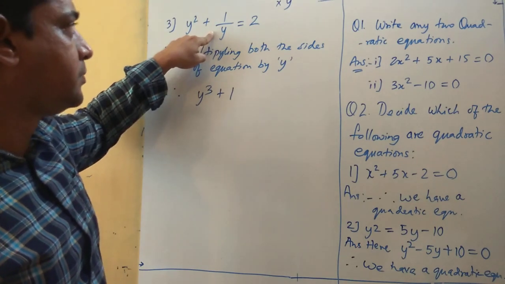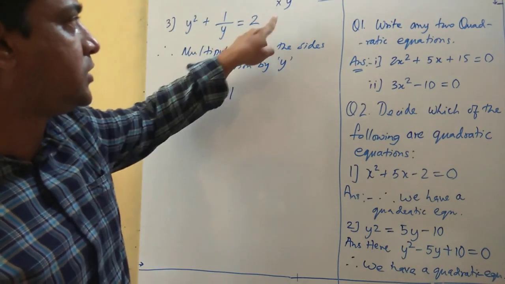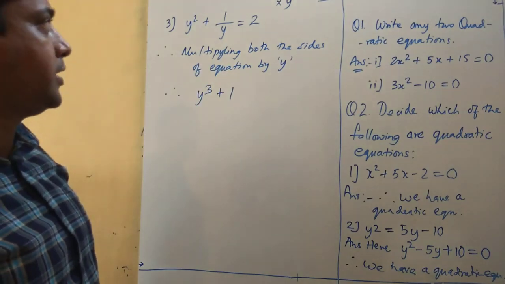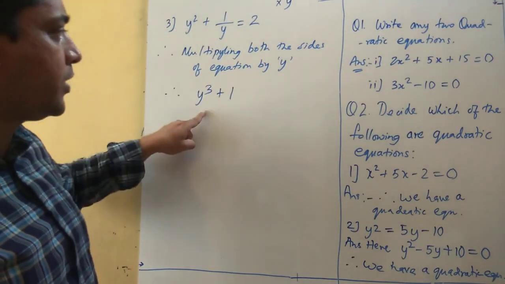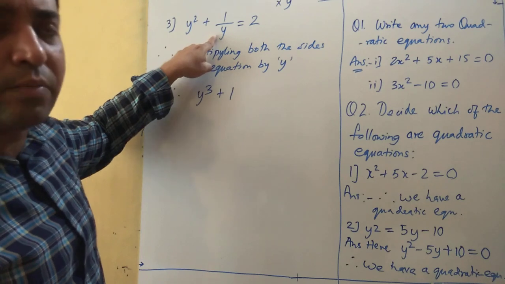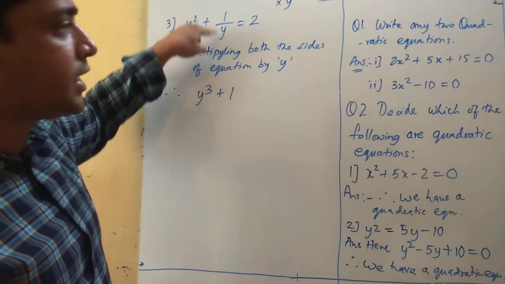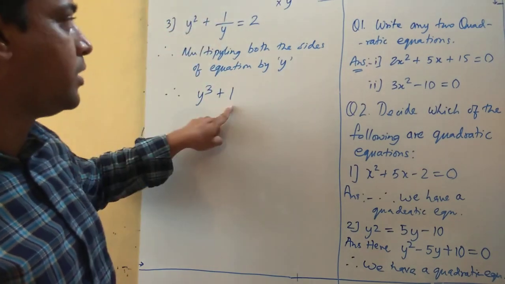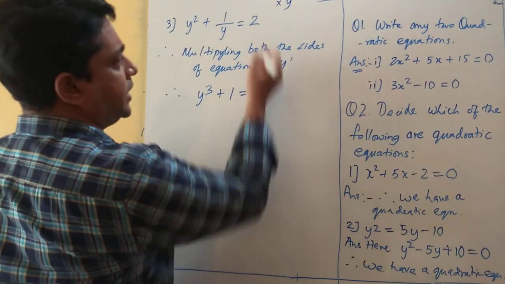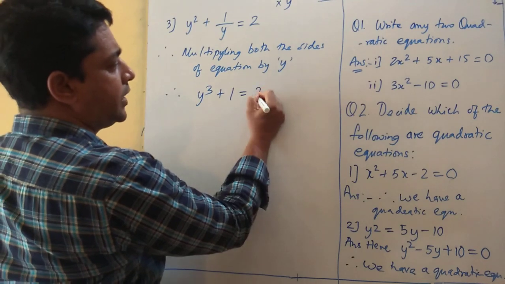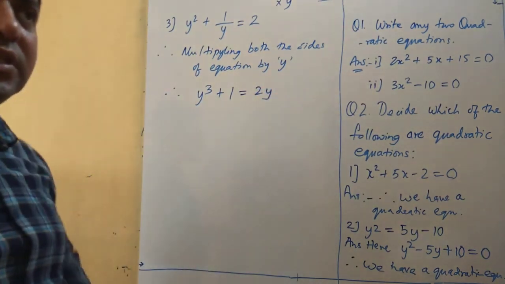Again I will repeat, I am multiplying both the sides of the equation with y. First term becomes y cube. Second term becomes 1 into y, that is y upon y, which gets cancelled, and we get 1. And similarly on the right hand side, when I multiply by y, I get 2y. I hope this is clear.